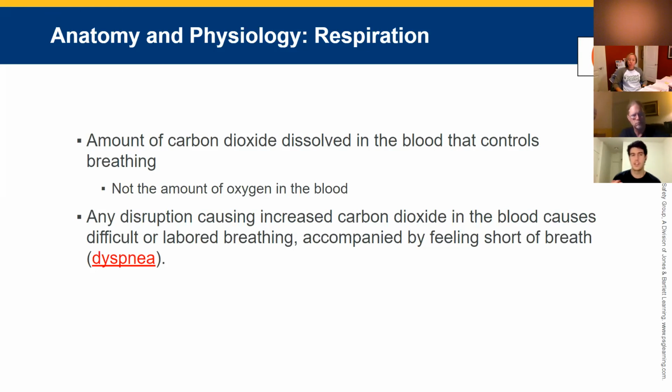It's what Dean said, it wants to get rid of that carbon dioxide, which is true. So we talked a while ago, carbon dioxide is a waste product for your body. So your body doesn't want to hold on to it. It will mess up the pH of your blood. It will make it more acidic. And so your body wants to breathe out the carbon dioxide and get rid of it.